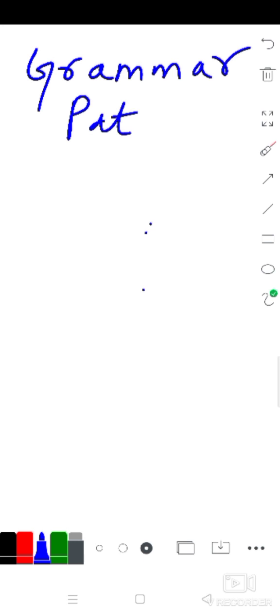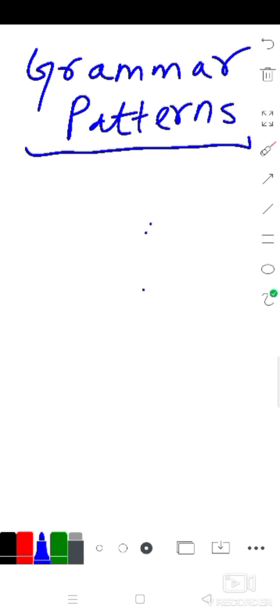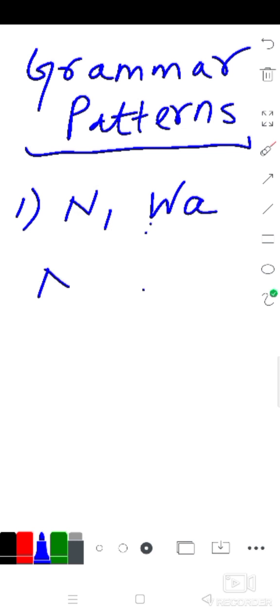First I am going to tell you what grammar patterns you will see in chapter number 1. You can write down in your copy: grammar patterns in chapter number 1. Grammar patterns means the grammar part which you are going to study in chapter number 1. The first grammar is N1 wa N2 desu.